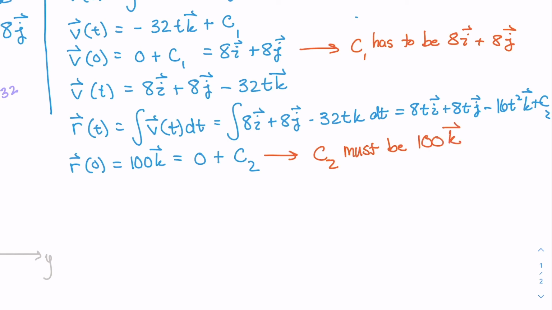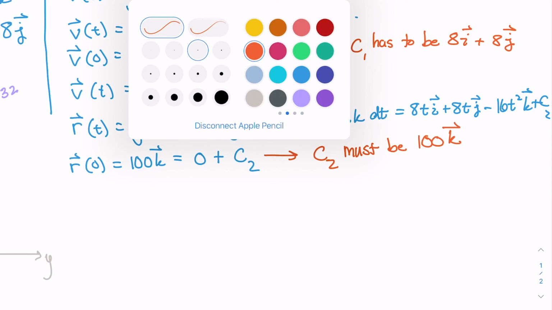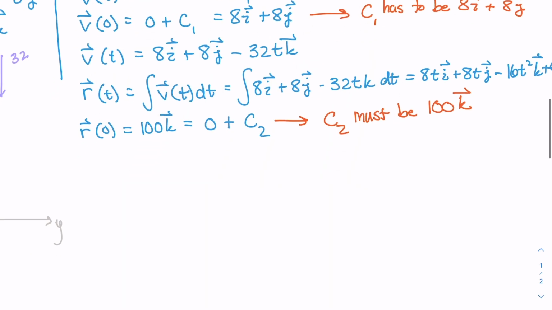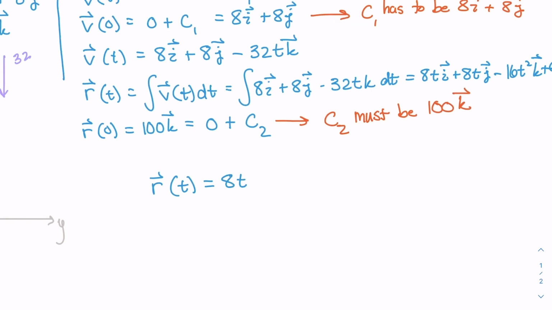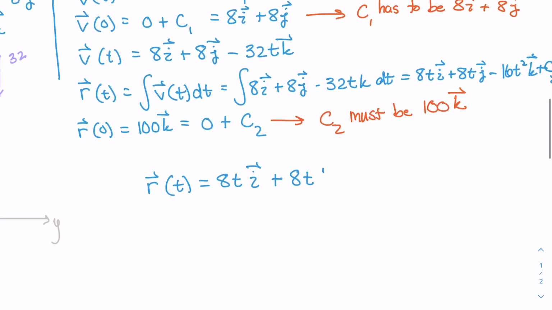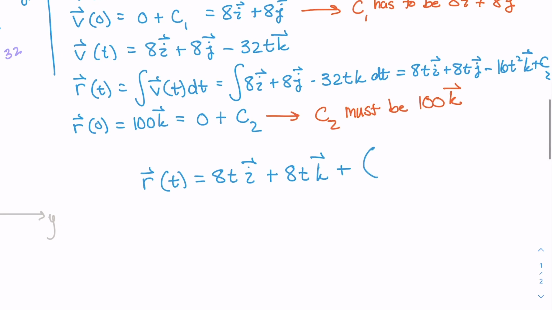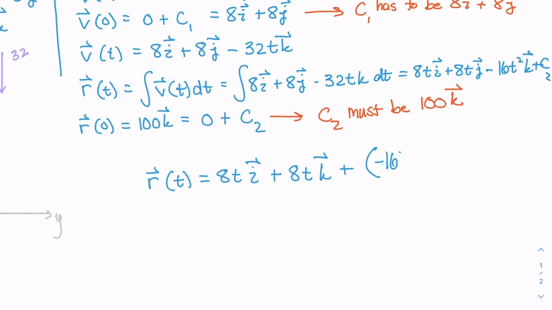So let's put that back into our position function. So we know the full version of the position function is 8ti plus 8tj minus 16t squared k.